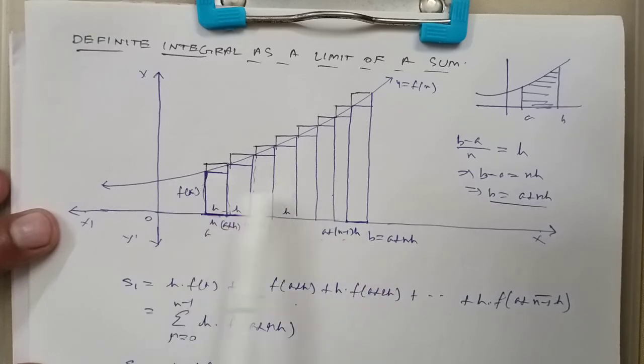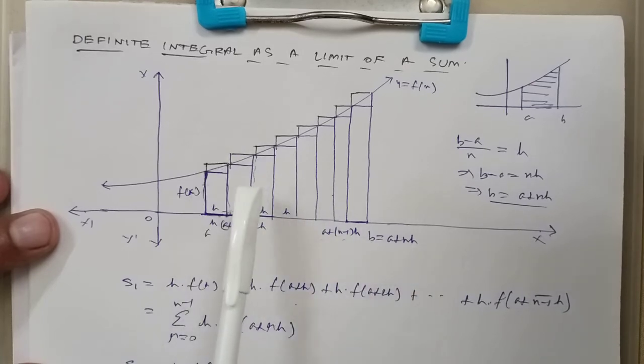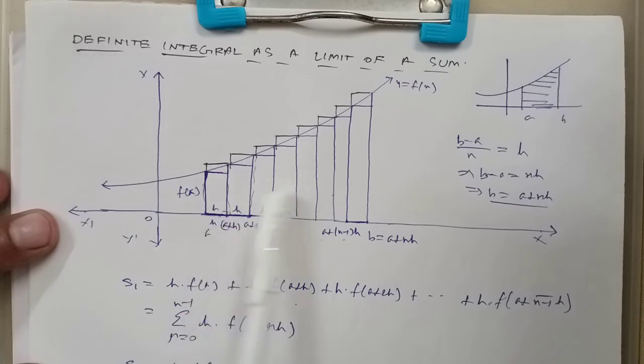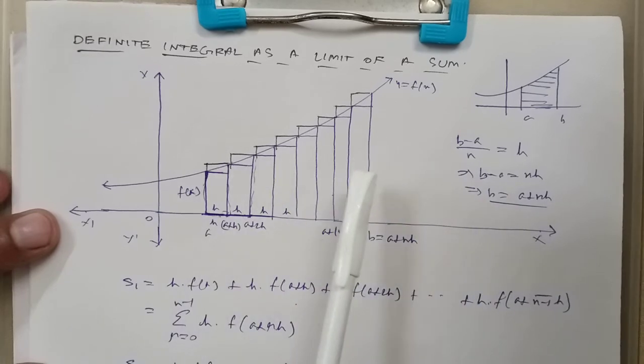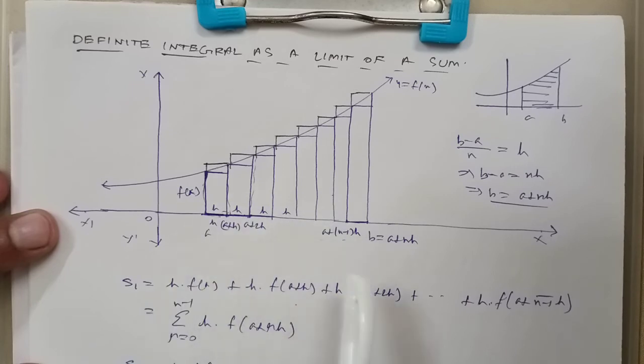Then drawing lines parallel to x-axis through the upper vertex, we form n rectangles like this. The rectangles inside the curve, the sum of the areas of these rectangles is taken as S1.